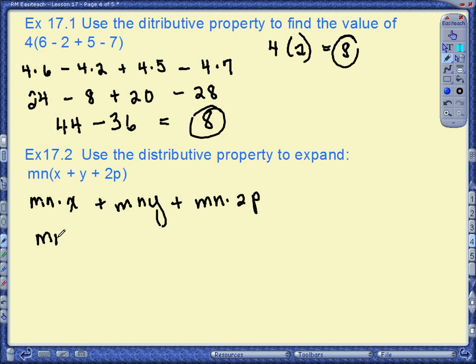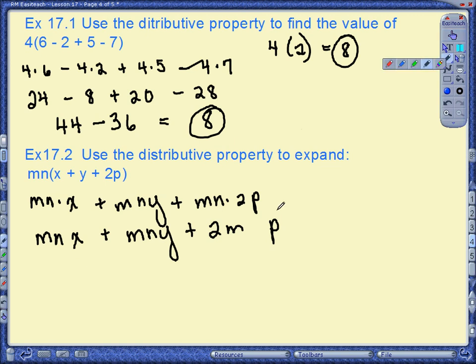Normally we put these in alphabetical order. These already are. We want to put the numerical coefficient first all of the time. Sorry, that n doesn't look very good. I think I'll get rid of it and make a better n. And we have 2mnp then.